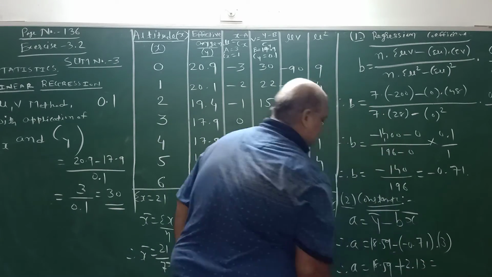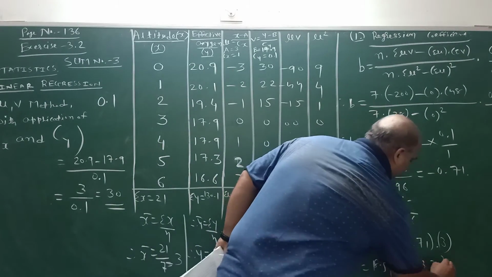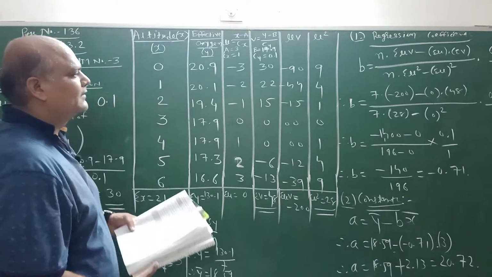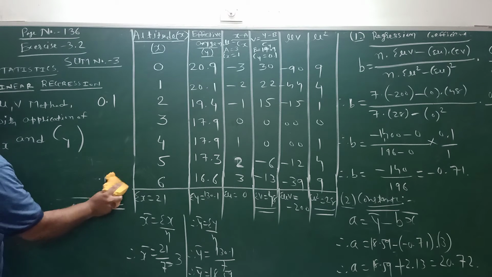So the final answer is 18.59 plus 2.13, which is 20.72, the constant. And our third and last step is the regression line.